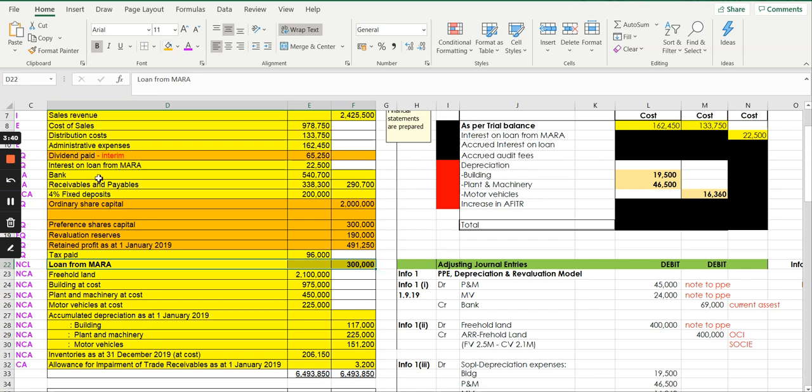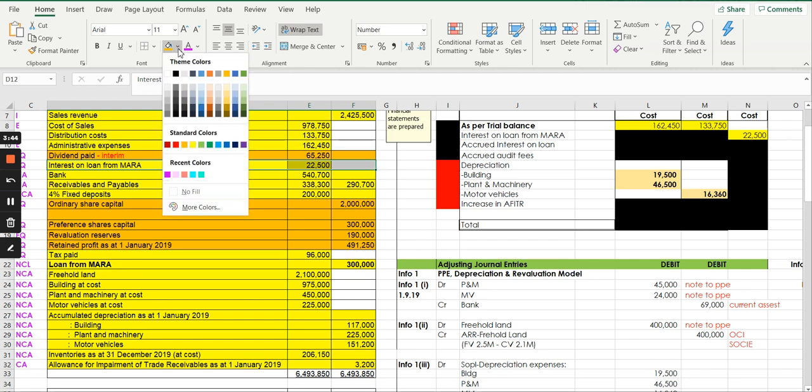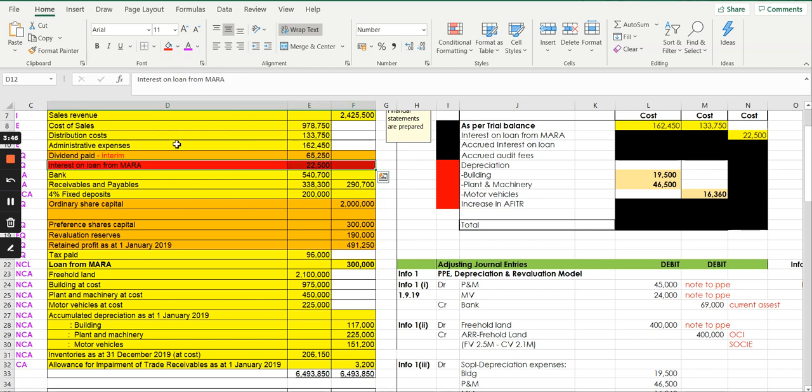But the interest on the loan is an expense. However, the interest has not been provided in full yet. The interest was provided for perhaps only half of it.